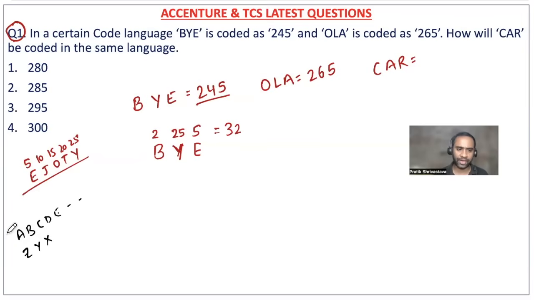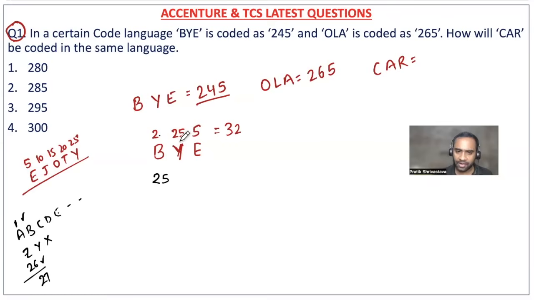A is 1, Z is 26. That means the sum of an alphabetical position plus its opposite alphabetical position will always be 27. The opposite of B will be Y, whose position is 25. So 2 plus 25 is 27.